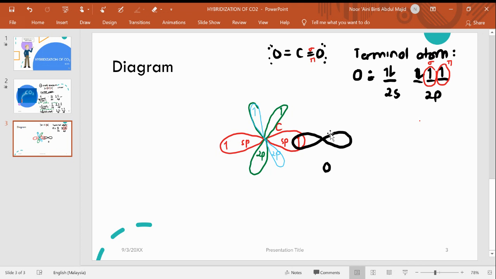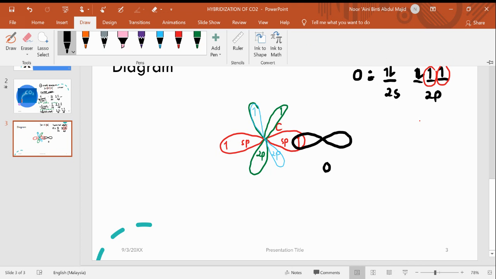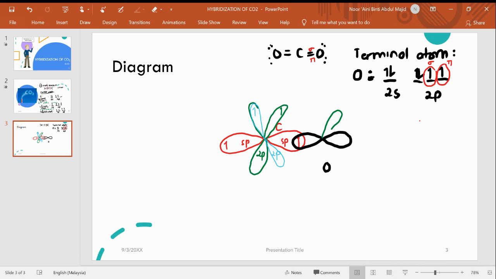So the p orbital is parallel with the green one. It doesn't matter, you can choose the one in blue, no problem. And look at the spin. If this one points upward, this electron must point downward. It is also 2p. And when they overlap, we get 1 pi. So don't forget to label.